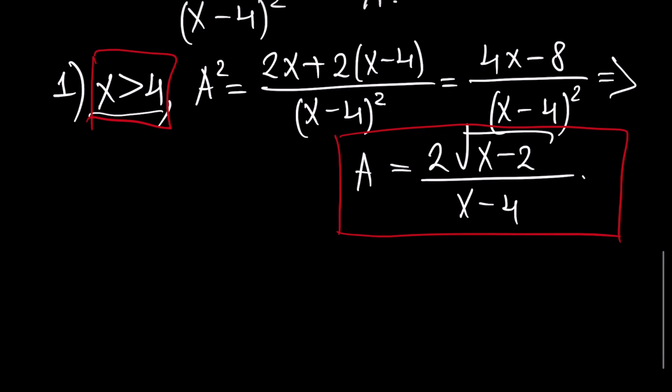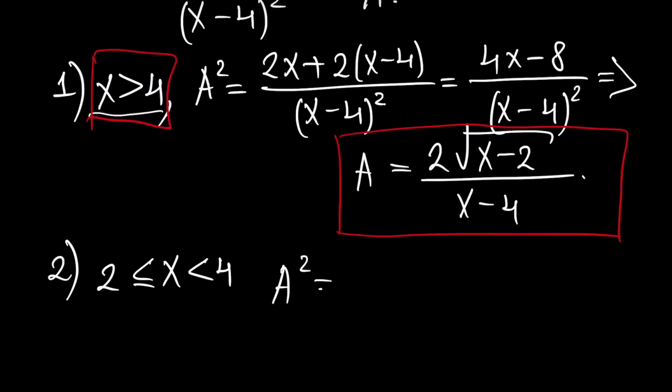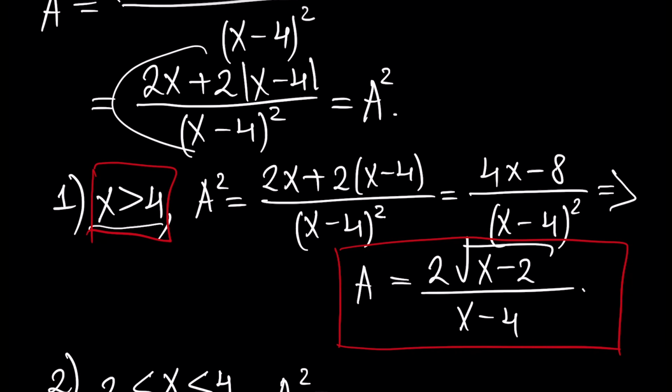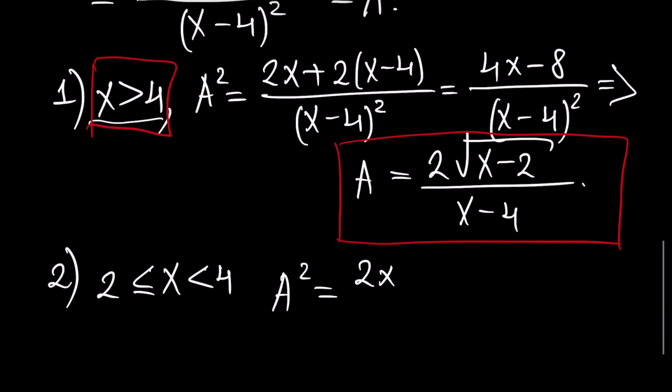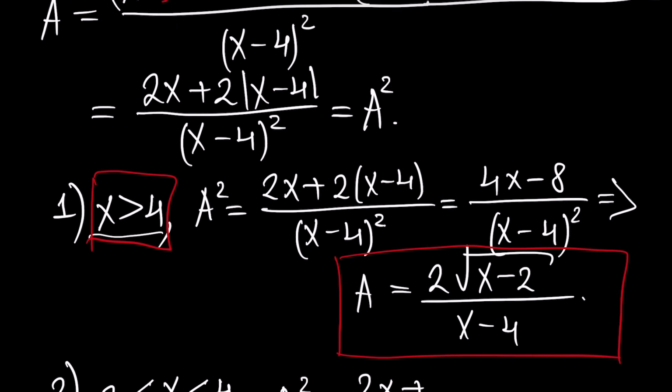And the second answer, when x is less than 4. Remember x must be not equal to 4 and greater or equal to 2. In this case, A squared will be 2x plus, and since x is less than 4, it will be minus x plus 4.